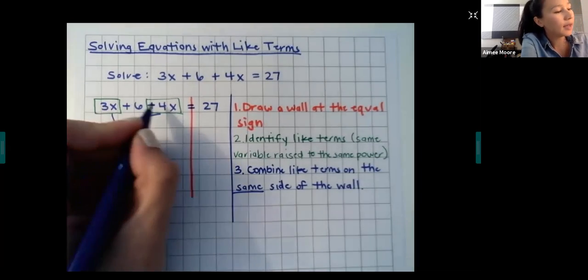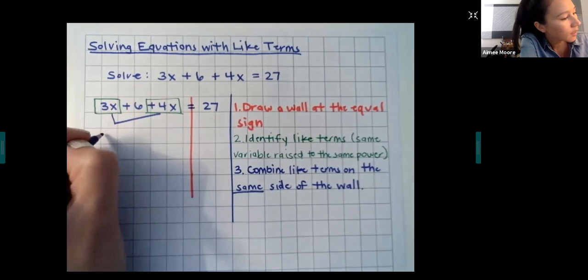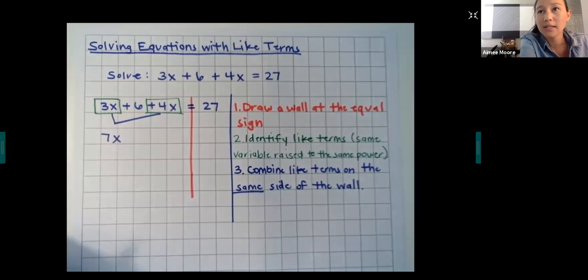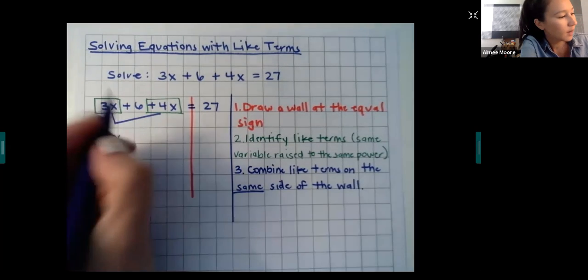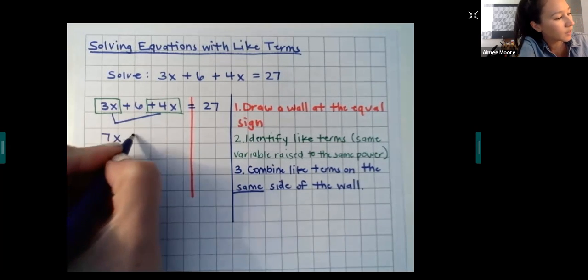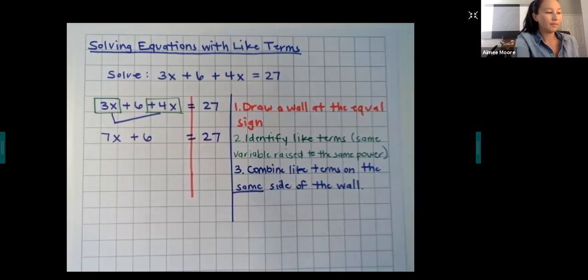So 3x plus 4x, if we have 3 x's and we add 4 x's, we now have 7 x's. And that's the only new thing. So then we just bring down everything else. So we still have a plus 6 and we still have an equals 27. That was the only new part. Any questions on the new step that we added?